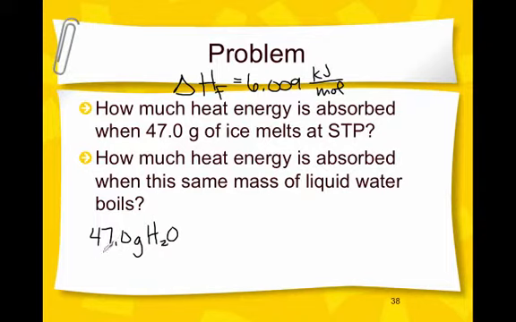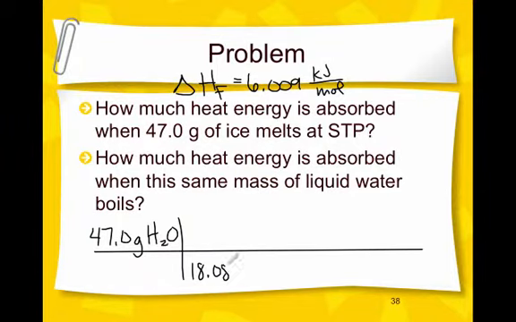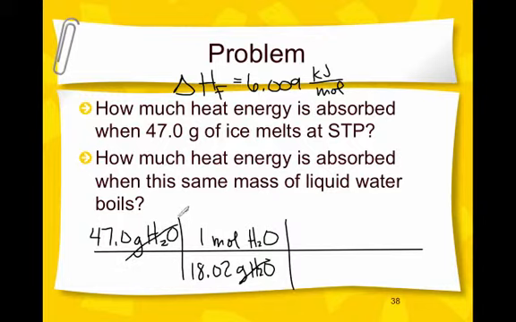Can I use this number yet? No. What do I have to do first? Convert to moles. So the molar mass is 18.02. And now I can use this number because we have moles here, so that means 1 mole of H2O needs to go on the bottom, and that would be 6.009 kilojoules of energy.